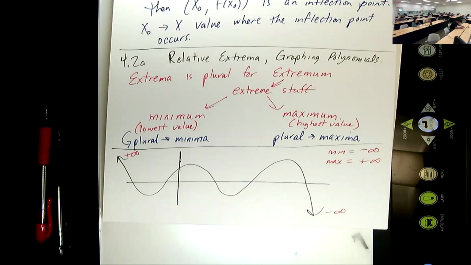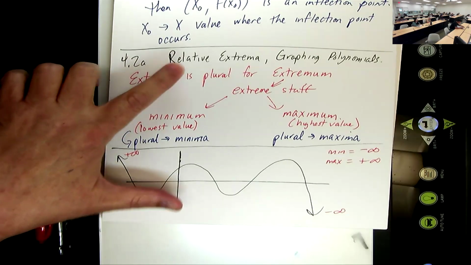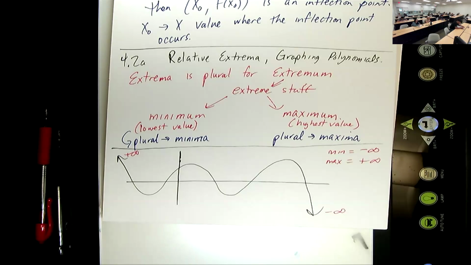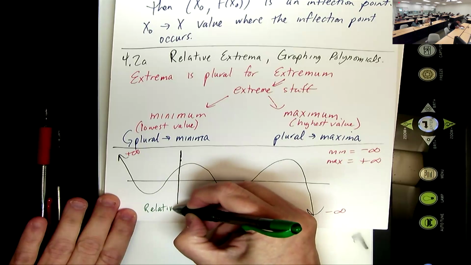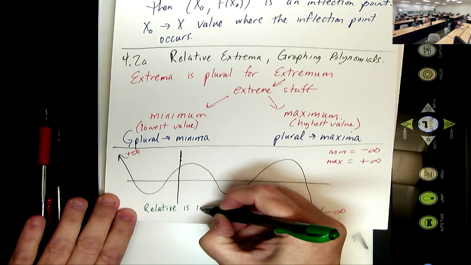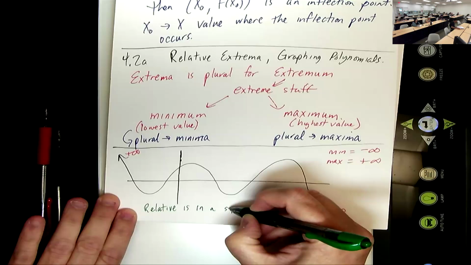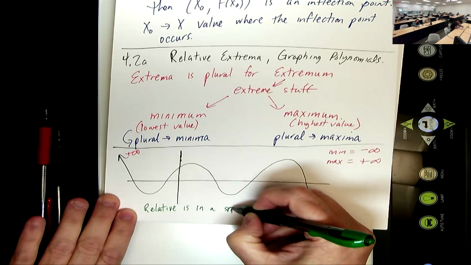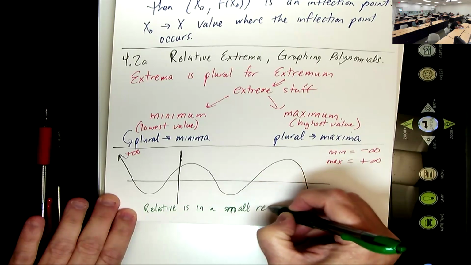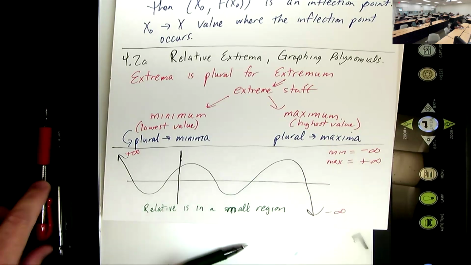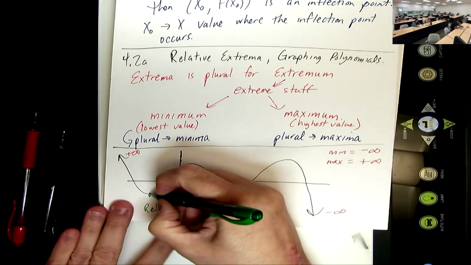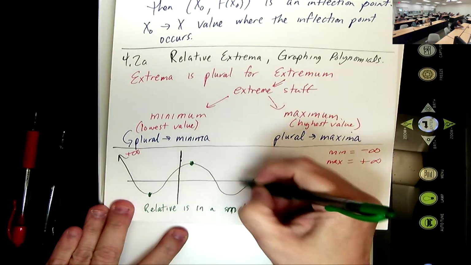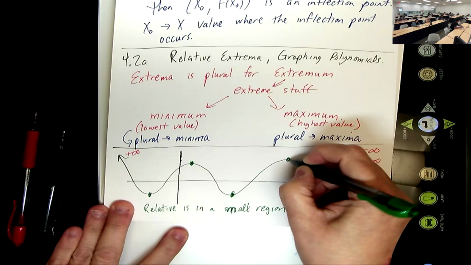So when we say the word relative, we are looking at a small area, or small region. This is where we would have things happening here, here, and here.